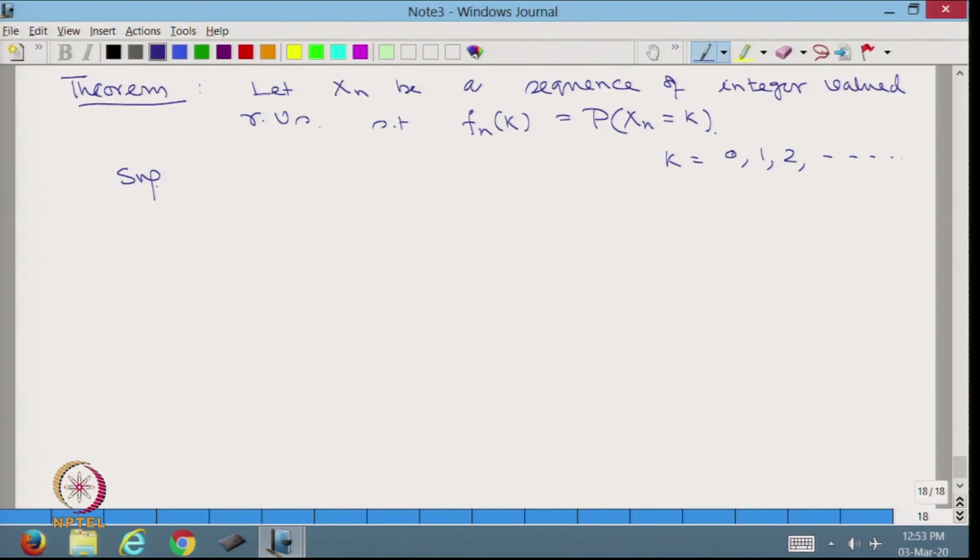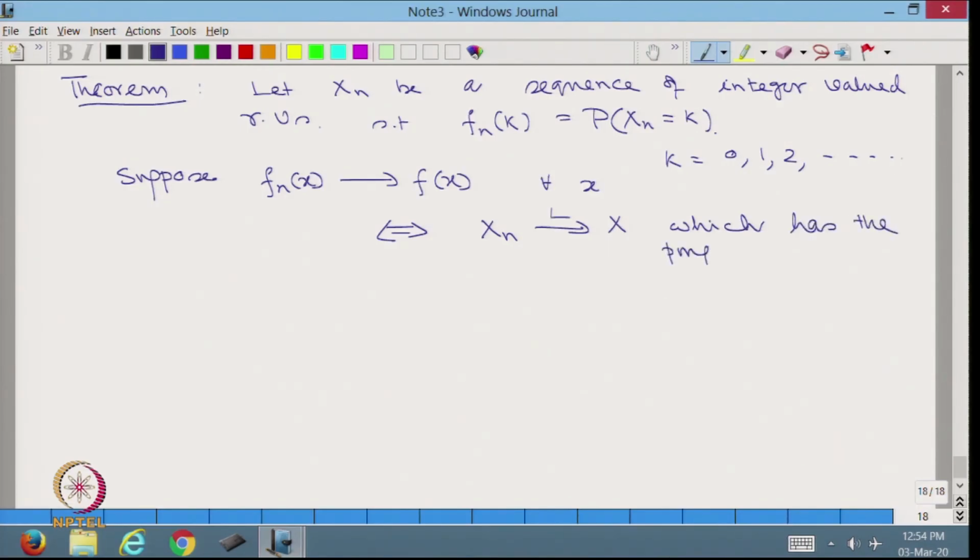Suppose F_n(x) converges to F(x) for all x. This implies that X_n is converging in law to the random variable X, which has the PMF f. Proof.